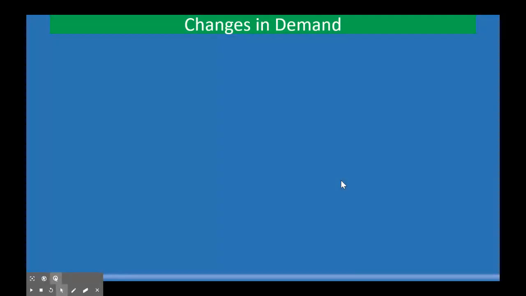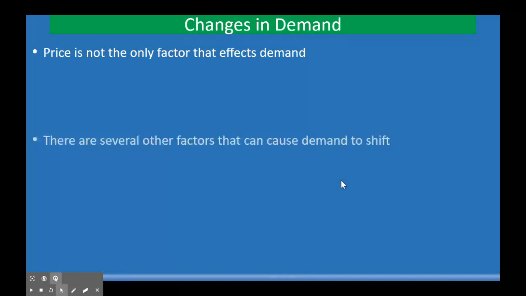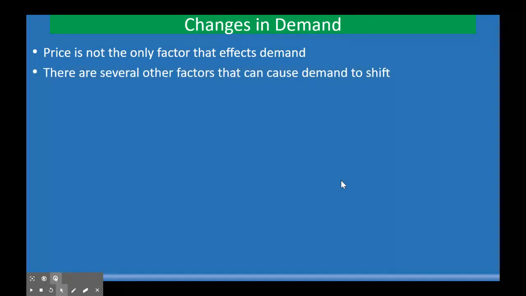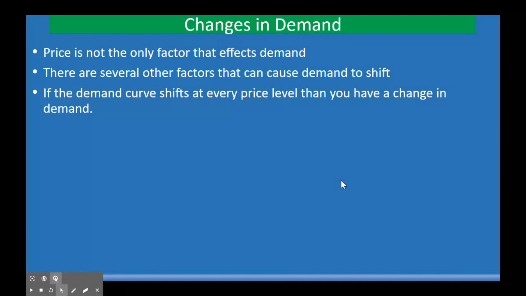Now, sometimes we have changes in demand, and there are certain factors that go into changes in demand. Price is not the only factor that affects demand. There are several other factors that can cause demand to shift. If the demand curve shifts at every price level, then you have a change in demand.